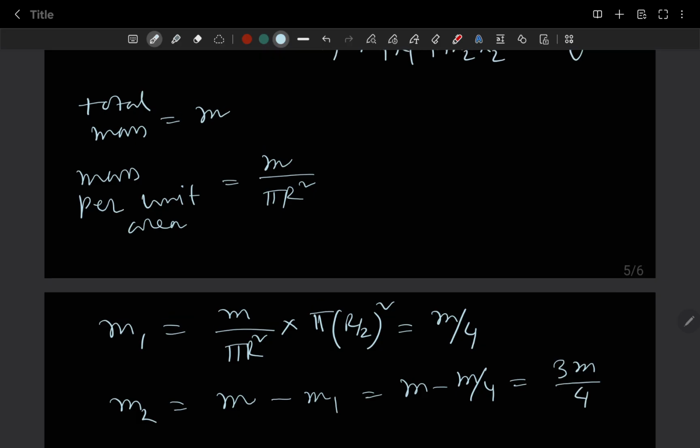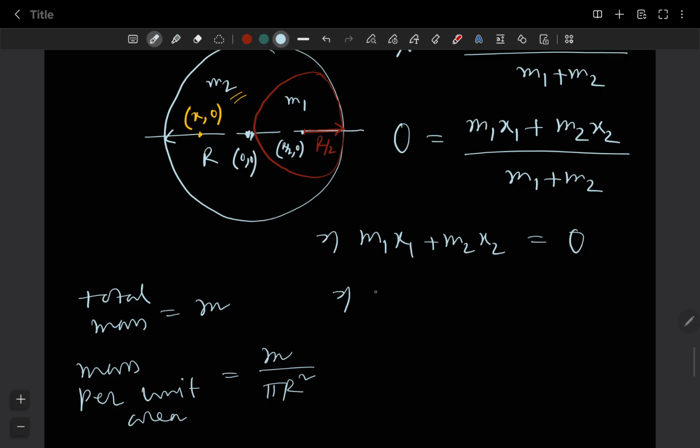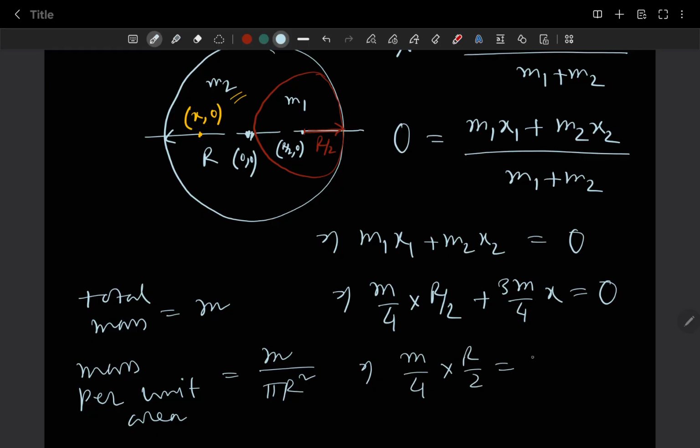Put these values here: m by 4 into x1, which is r by 2, the x coordinate of the center of mass of the truncated part, plus m2, which is 3m by 4, into x2, which is x, the x coordinate of the center of mass of the rest of the disk. So it will be m by 4 into r by 2 minus 3m by 4 into x.